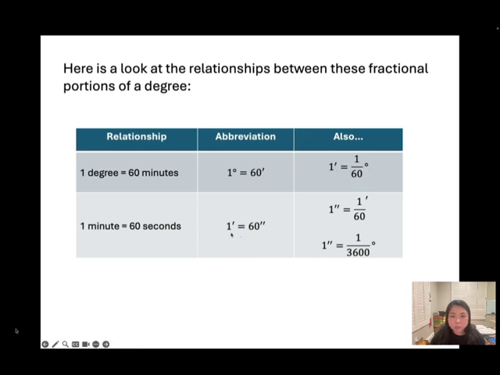Same idea, 1 minute equals 60 seconds. So you could write it like 1 second equals 1 over 60 minutes, or 1 second equals 1 over 3,600 degree. Okay, so this is going to be the conversion. You could convert degree to minute, minute to second, or the other way around.